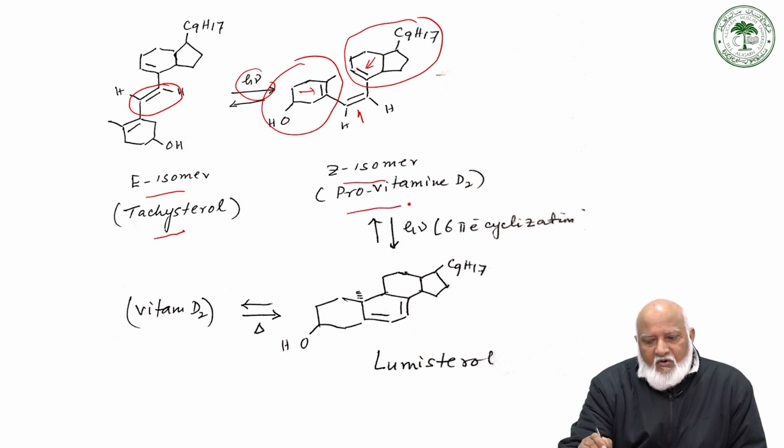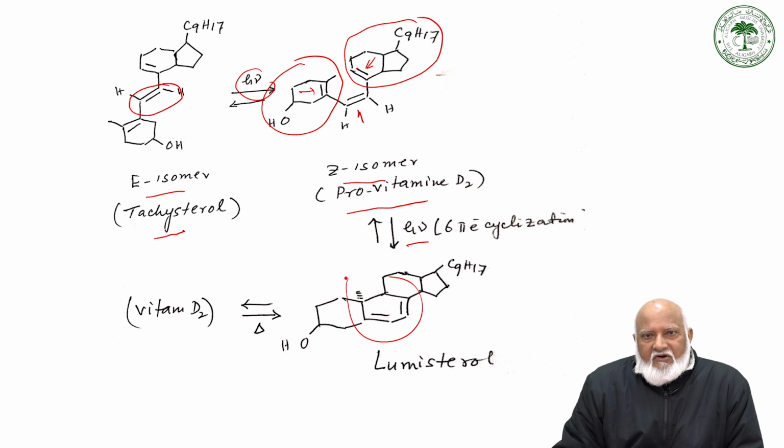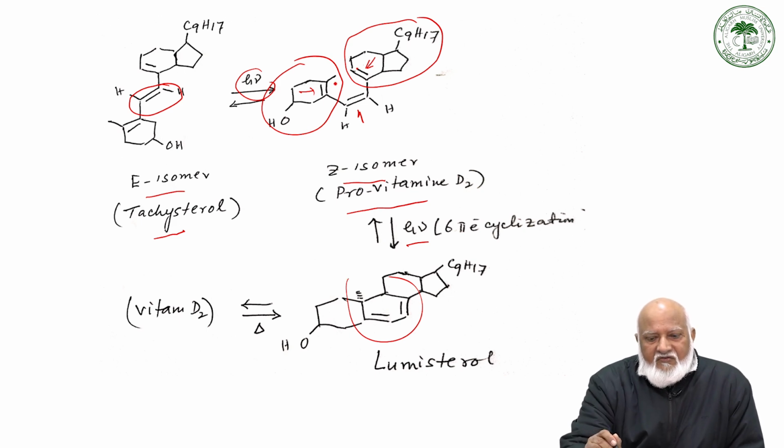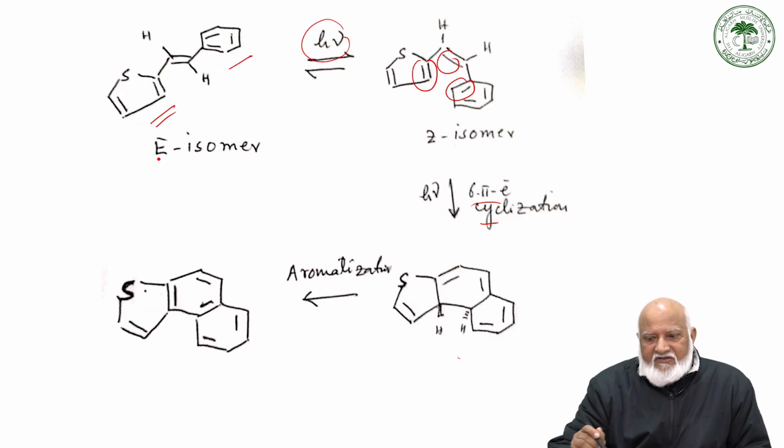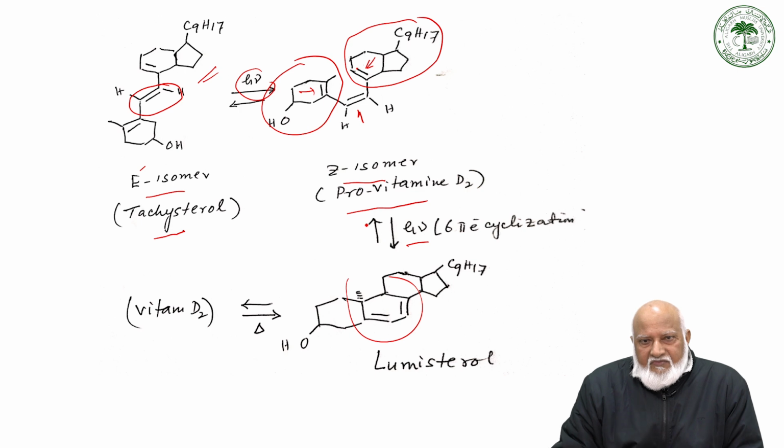This is provitamin D2, which under photolytic conditions can undergo 6π electron cyclization to give you lumisterol, a cyclized steroid derivative. So, it is not necessary that we should have two aromatic rings as in the previous case for this type of reaction. Even for cyclization, you need to have three double bonds nicely oriented in cis fashion, so that it can undergo 6π electron cyclization to give you lumisterol.